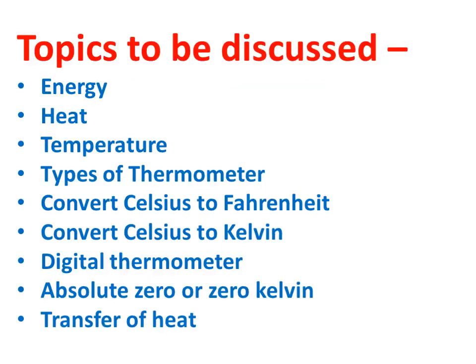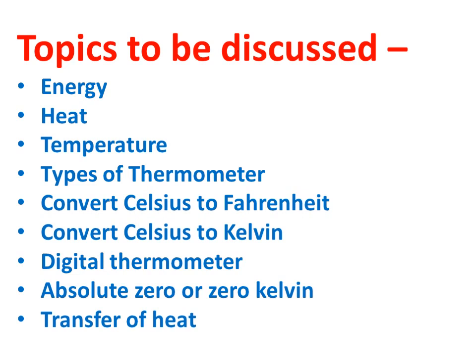Topics to be discussed today will be energy, heat, heat is also a form of energy, temperature, types of thermometer, that means lab thermometer and clinical thermometer, how we are going to convert Celsius to Fahrenheit, and how we will convert Celsius to Kelvin.